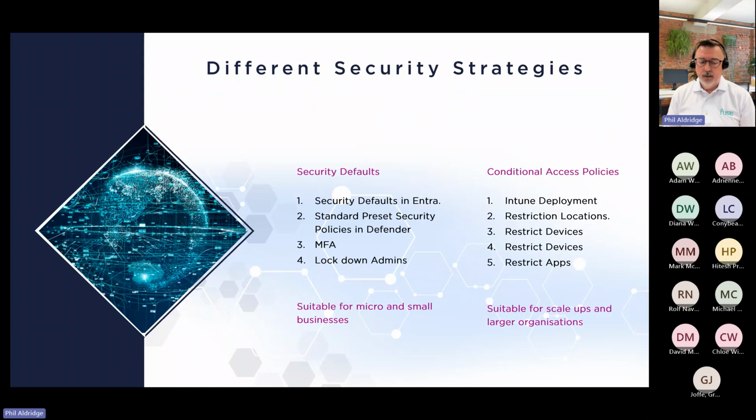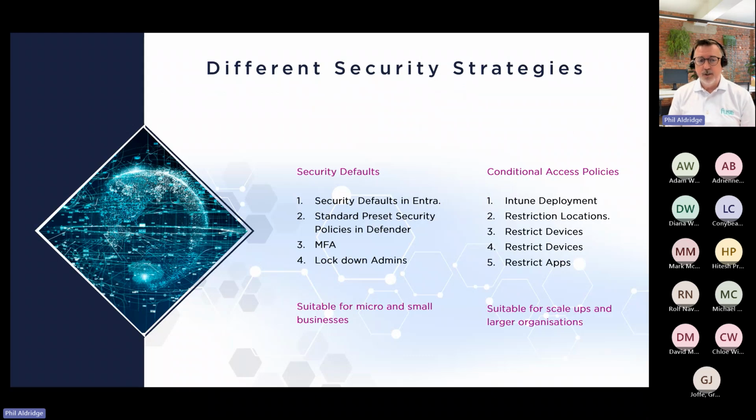Restrict the devices. If everybody has a company laptop or a company device, then restrict the ability to log into your tenant to only those devices. It immediately stops anyone who doesn't have a company laptop from being able to log in and hack your systems.